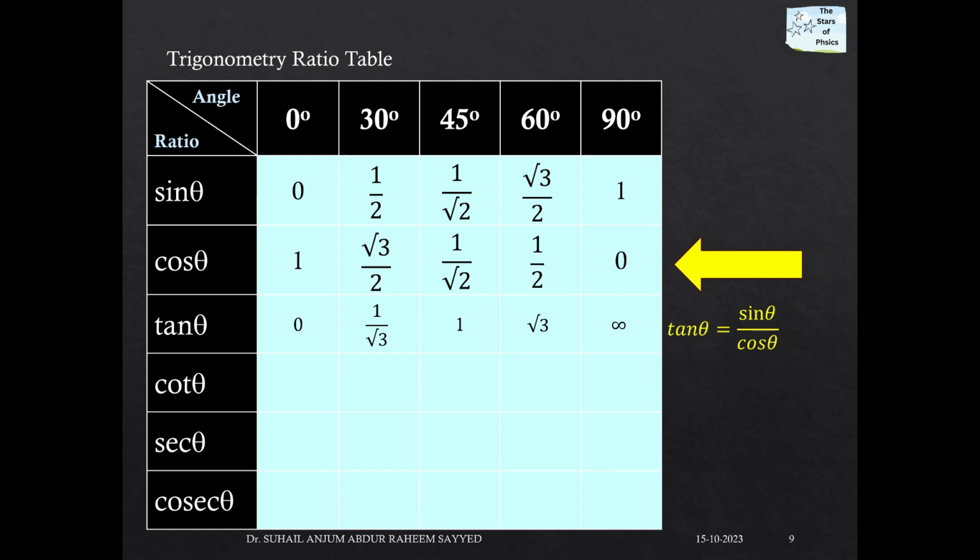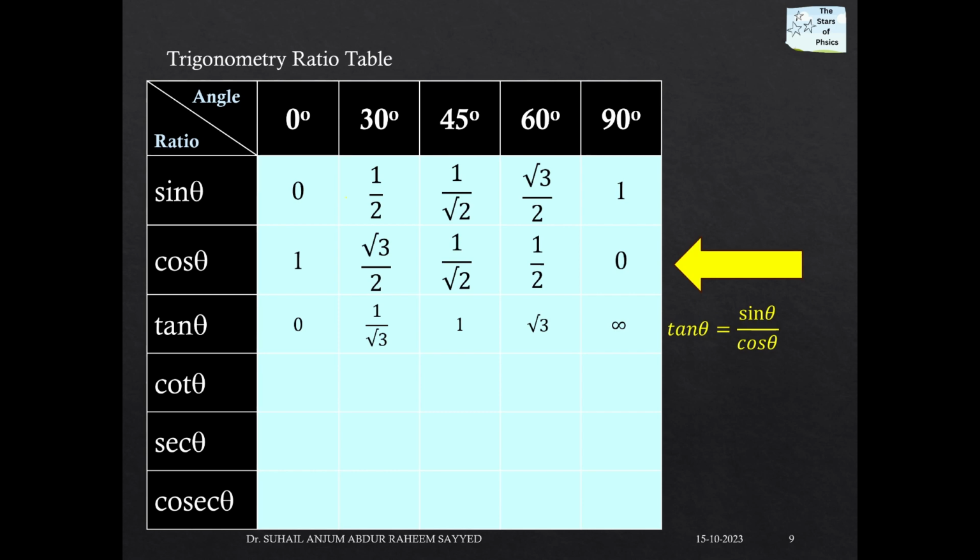Then to get tan of theta, we have to find sine of theta divided by cos of theta. So we just divide the first row by the second row elements. The first one is 0 divided by 1, so it will be 0.